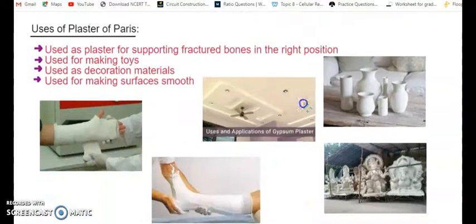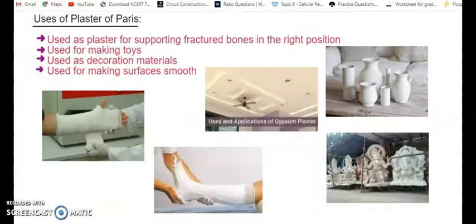Next are the uses of plaster of Paris. Plaster of Paris is used especially for supporting bones. Whenever a person breaks a bone, which we call a fracture, they put plaster of Paris powder in water and make a paste. They apply it around the bone because it hardens after drying.